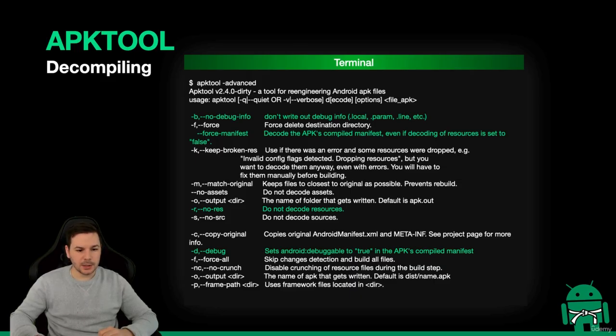And there's an additional option, which is -d. You can make this app automatically debuggable by setting this flag, but you have to decode the Android manifest XML to do this. So we have to decode those resources to provide this parameter, but we can also do this manually, which you will see in the next section. But it's a handy option, so I listed it here too.